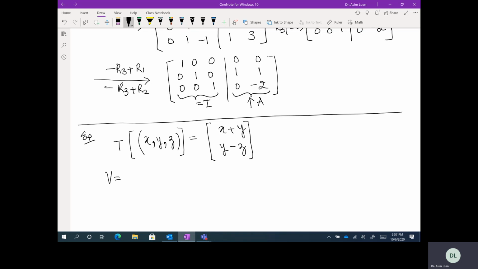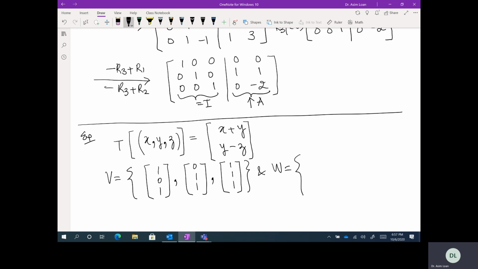Let's say V is represented by this basis 1 0 1, 0 1 1, and 1 1 1. And W is represented by, so V is in R3 and W is in R2, 1 2 and minus 1 1.